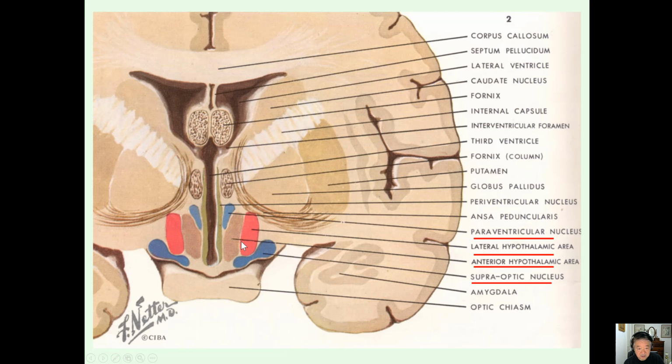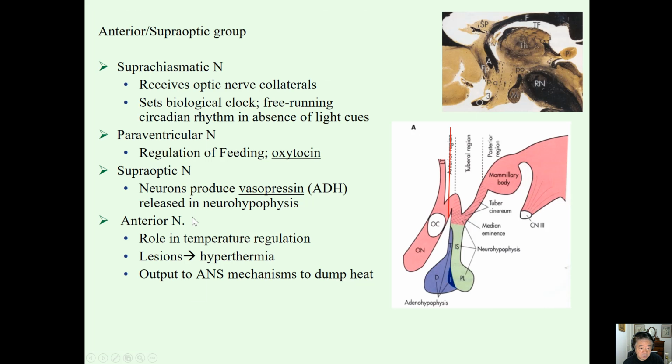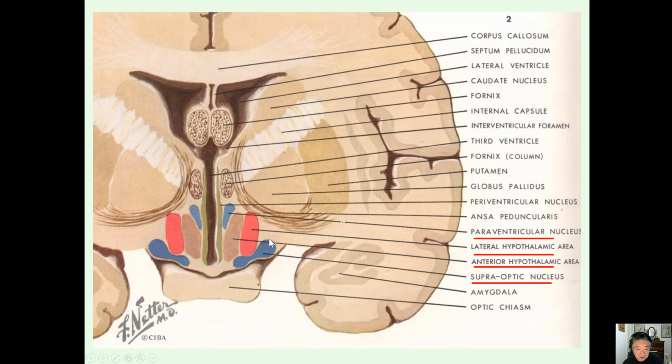And here is your anterior hypothalamic region. As we mentioned before, this controls your body temperature. And here is your supraoptic nucleus. This nucleus produces vasopressin for water retention. This is your lateral hypothalamus.